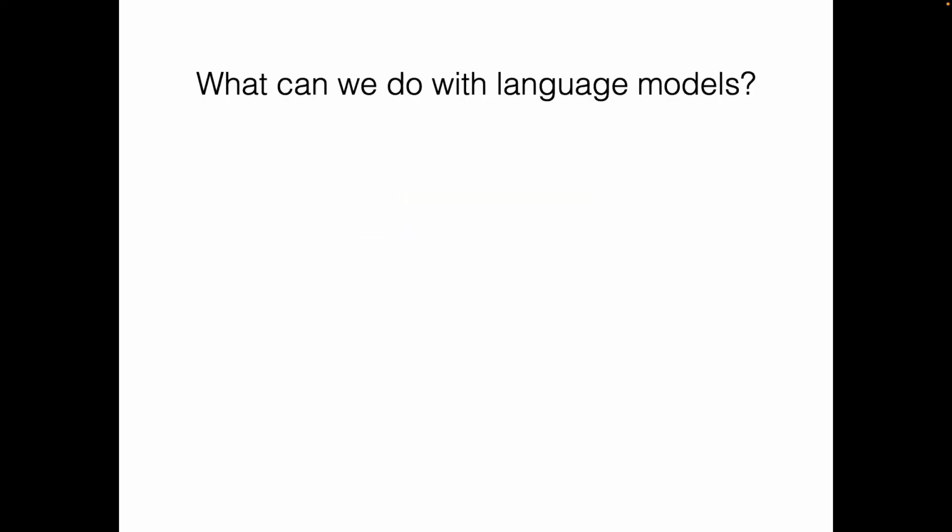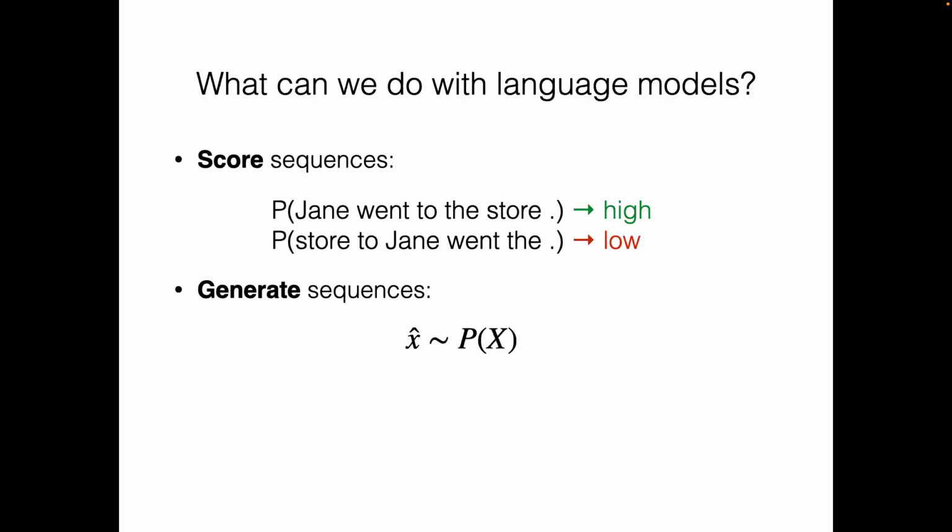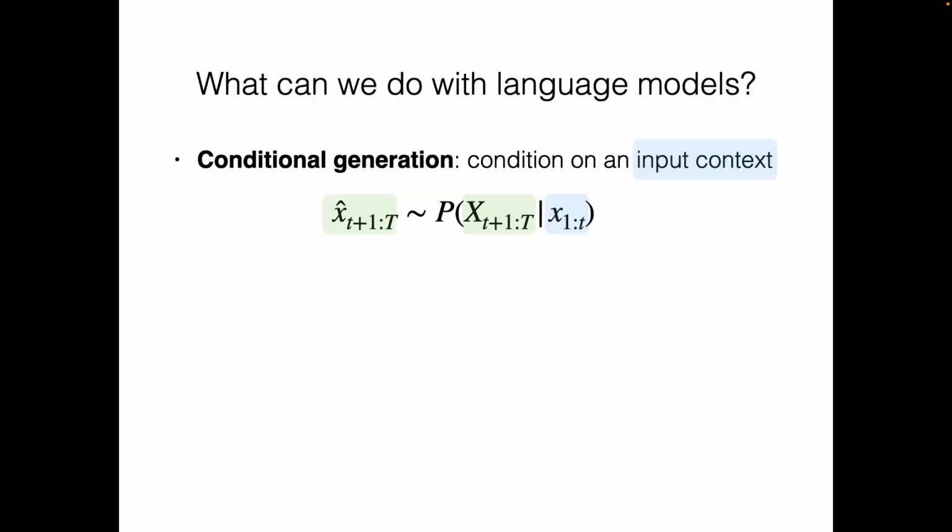But still, maybe this isn't that useful. If you just have a distribution of sequences, then what can you really do with it? So one thing you can do is you can use these language models for these input-output tasks. And so this is called conditional generation.